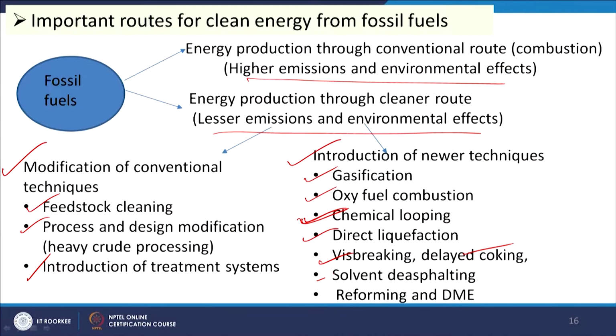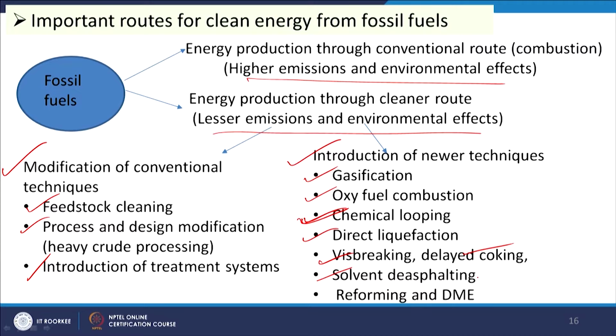Visbreaking, delayed coking and solvent deasphalting are the technologies through which the vacuum residue can be upgraded and liquid fuels can be produced. The remaining part, which will have the coke, will be converted to valuable products like needle coke or can be used for gasification to produce syngas.